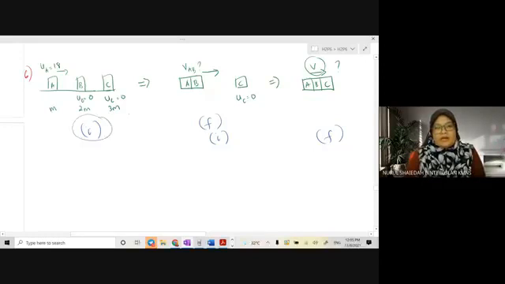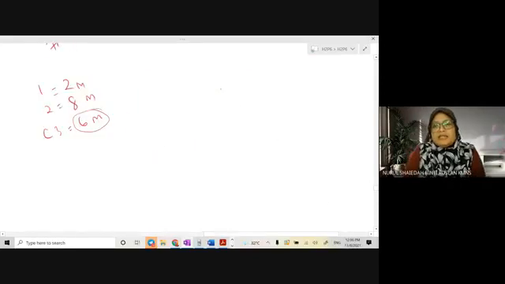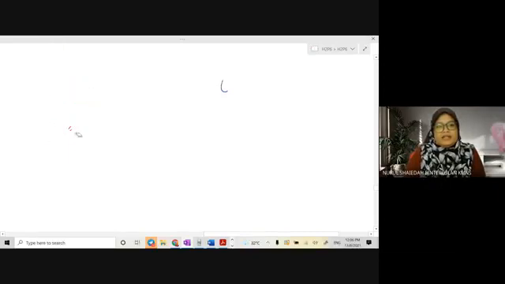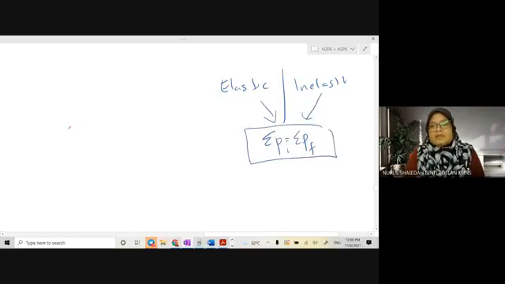I use the first one, with this as initial and this as final. So I'll do this one first. I use the principle of conservation of momentum, because I don't know whether it is inelastic or elastic in terms of kinetic energy. You need to understand that for elastic and inelastic, in both of them total momentum is conserved.